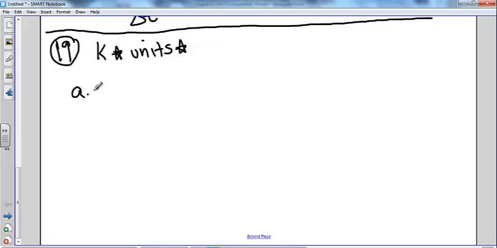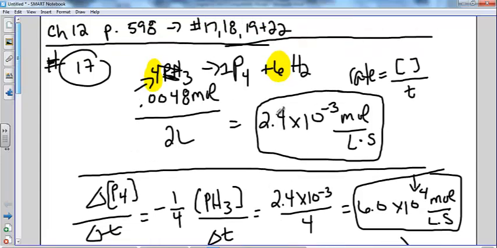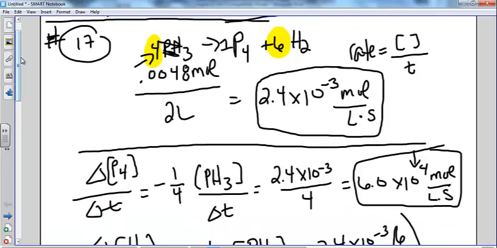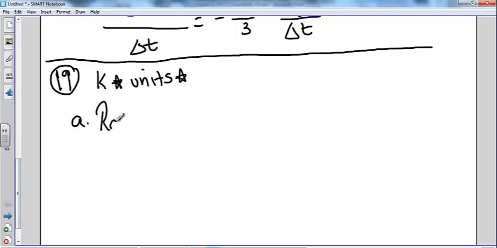Okay, so for letter A, it's simply the rate of a chemical reaction. In other words, how fast does something change? We can even go back to number 17. Every time we talked about a rate here, it was always the change in concentration over the time. So whenever you're simply talking about the rate, the units are always going to be moles over liters, which represents the concentration, times seconds.